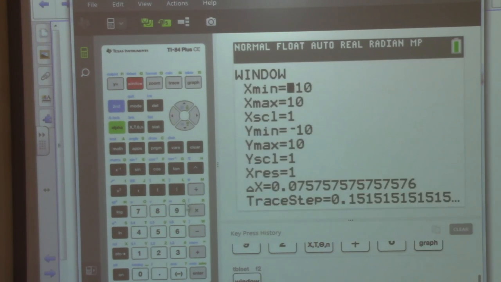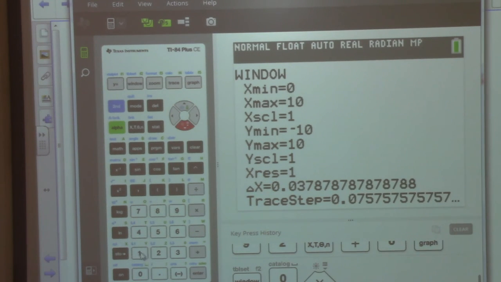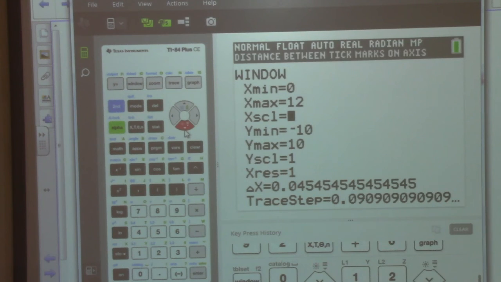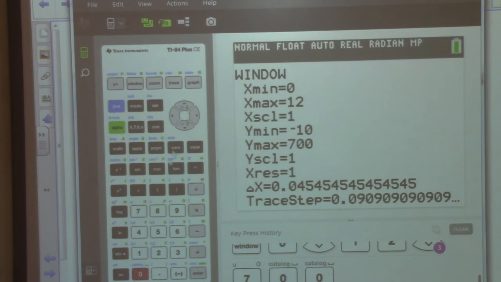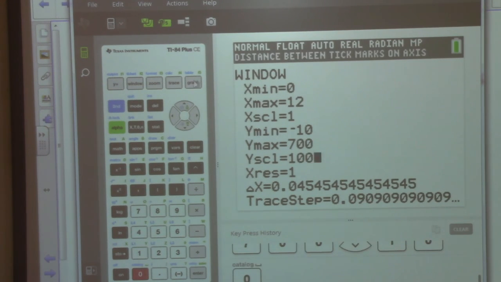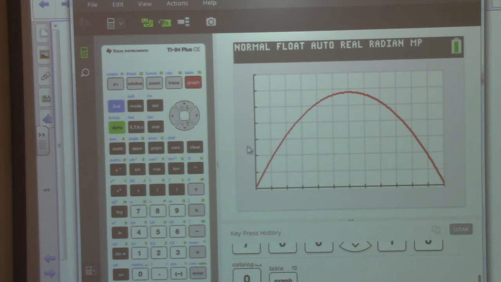We need to change our window. So I'm going to go 0 to 12 by ones, leave y minimum alone, and go up to 700 feet maximum by 100s. And then we graph, we see this right here. Okay? How do you find the maximum after you graph it?